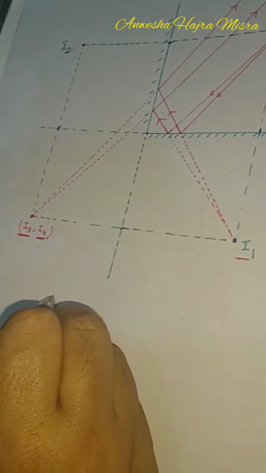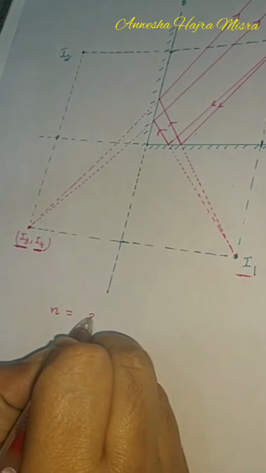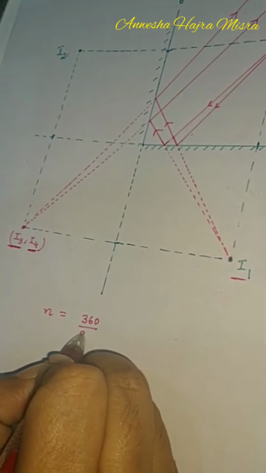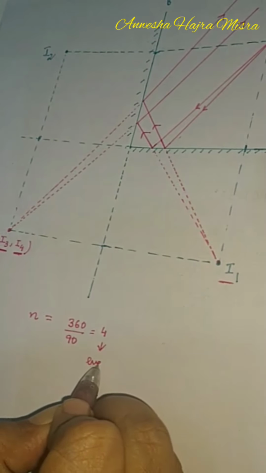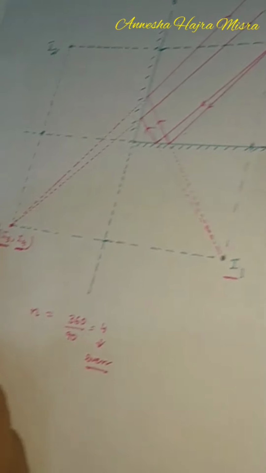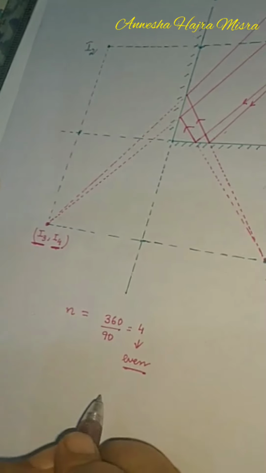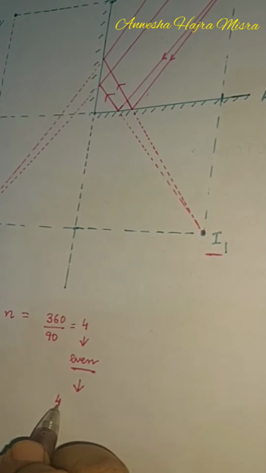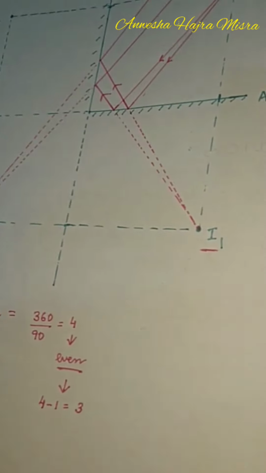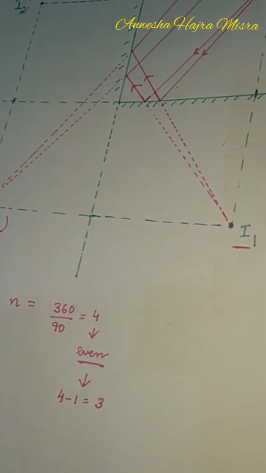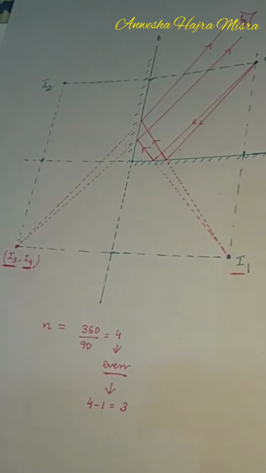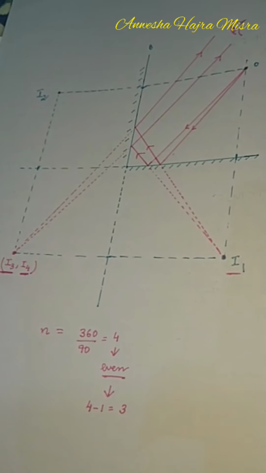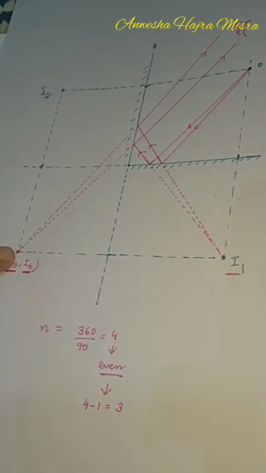That is the reason why when you have 360 by 90, 4 images, even number, when you have even number, 2 images coincide, resulting in one less number of images. Here the number of images will be 3. Now go back to the diagram which I have, the photo which I have shown you. You see there are 3 images because 2 images coincide.